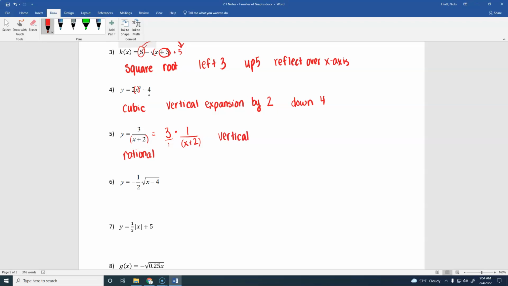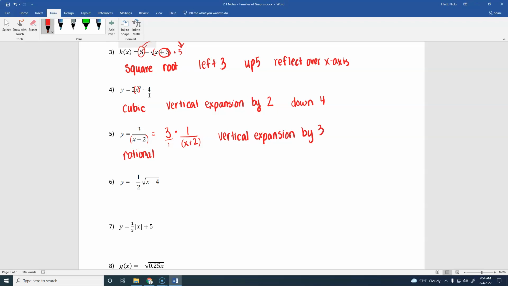And it is vertical because it's on the outside of the parentheses. And if it's on the outside, it acts like it should. So if I have a 3, which is a big number because it's bigger than 1, it's going to make the graph bigger, right? So it's going to be expansion.